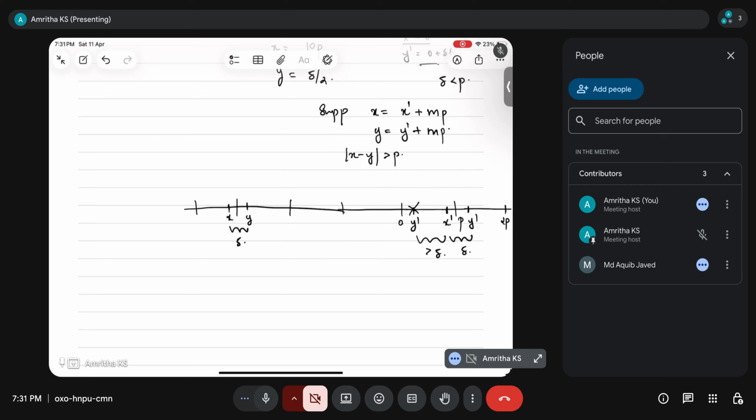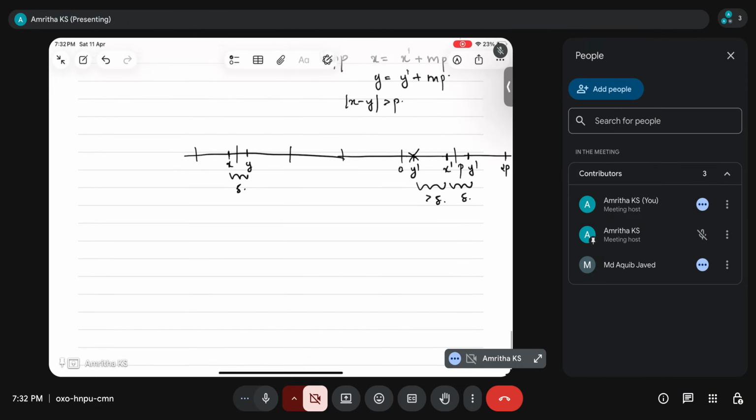So they may be, but how can you be sure that some y dash is there so that x dash minus y dash is less than delta? How are you sure that y dash can be chosen so that x dash minus y dash is less than delta?